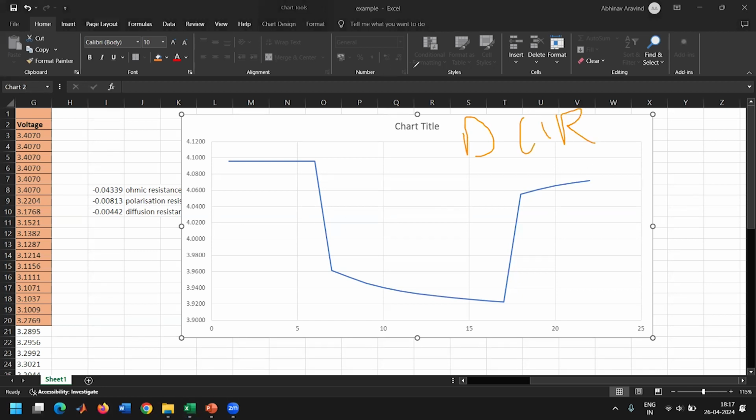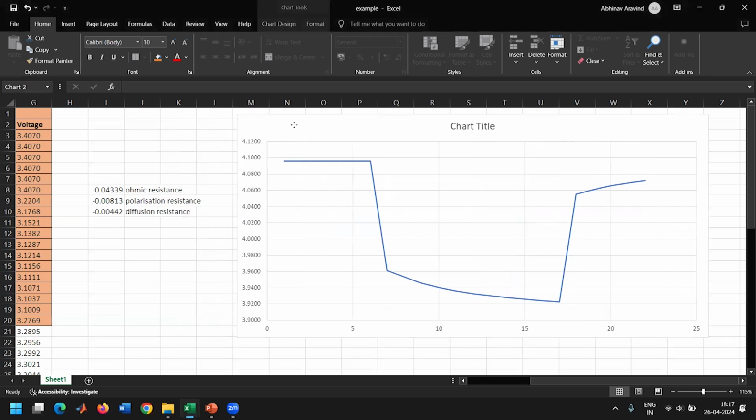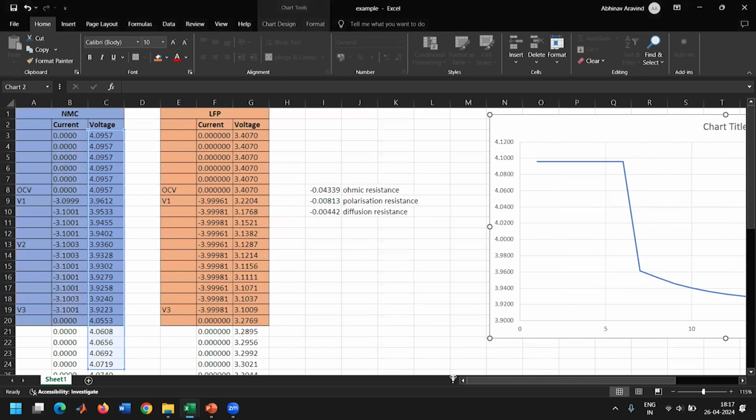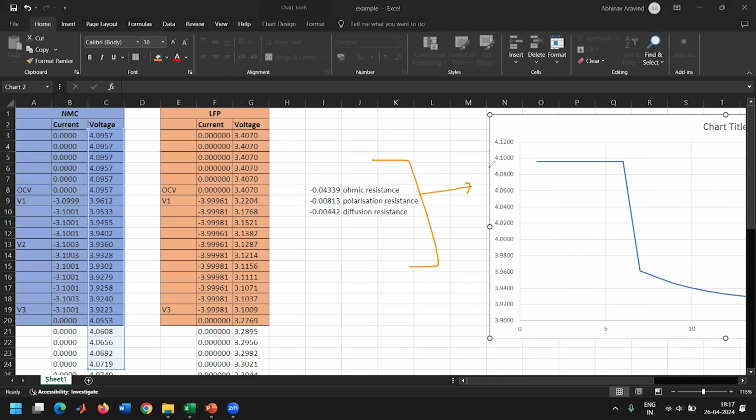Okay, so now we have calculated the resistance values at one particular SOC. Okay, so here it is calculated for 100% SOC, so almost near the full charge value. Okay, so the same thing you can also carry out for the LFP cell as well.